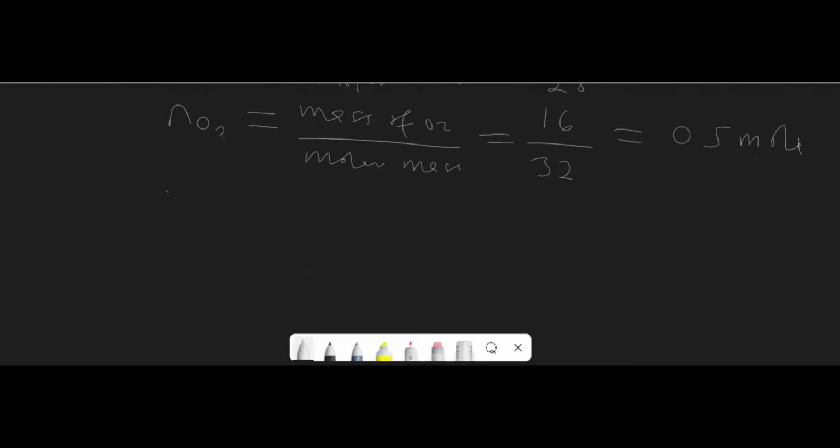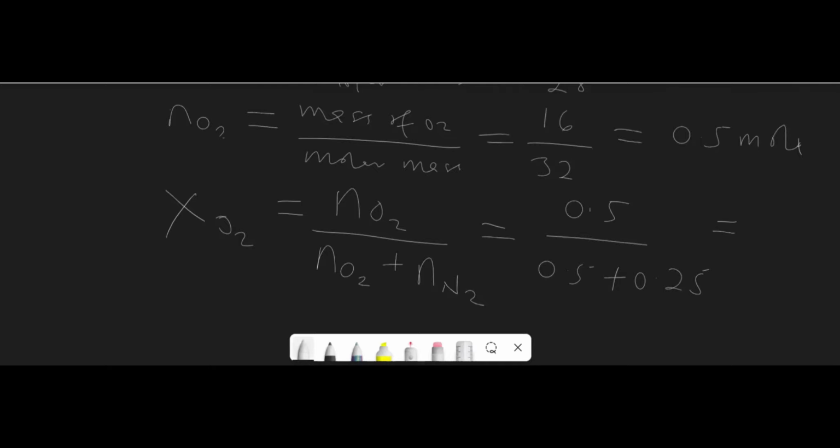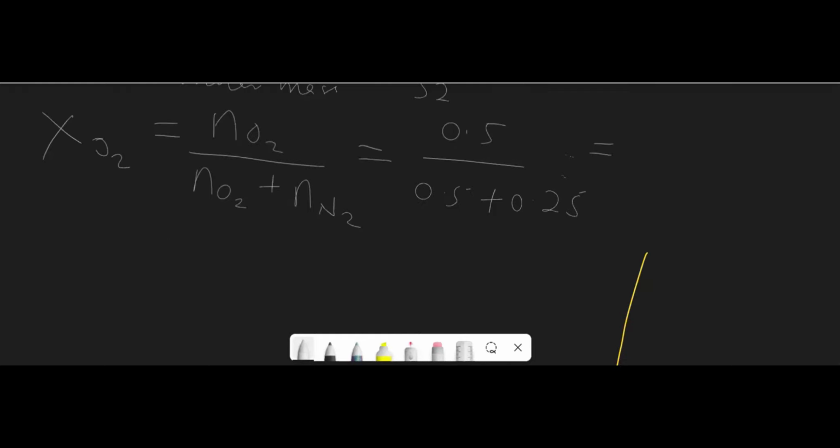The mole fraction of oxygen is equal to the number of moles of oxygen divided by the number of moles of oxygen plus the number of moles of nitrogen, which is 0.5 divided by 0.5 plus 0.25. Therefore, finally, we have 0.67.